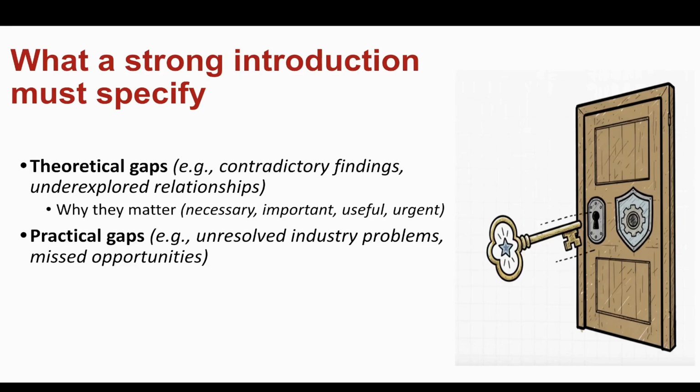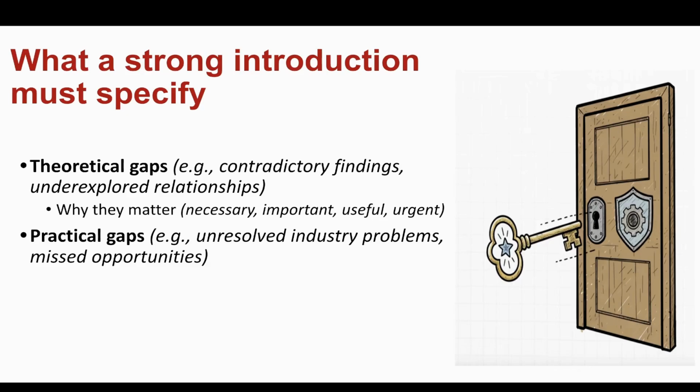So, the expected contributions to theory: what new understanding will be derived after this? And the expected contribution to practice: what real world issues is this research going to solve? These are the critical things which we have to write in the introduction.